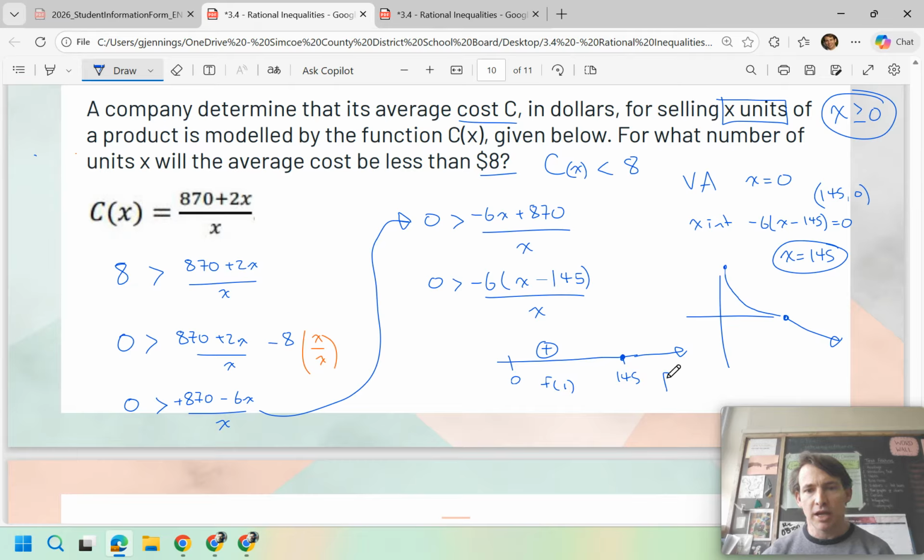And then let's put in f at 245 for fun. That would give us 100 times minus 6. So 100 times minus 6 is negative 600. Negative 600 divided by 245 is negative.